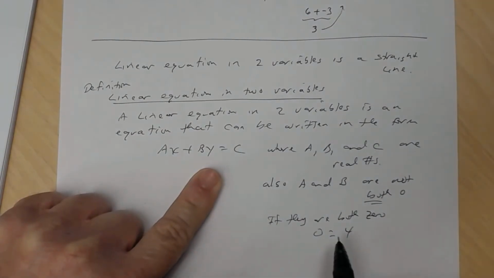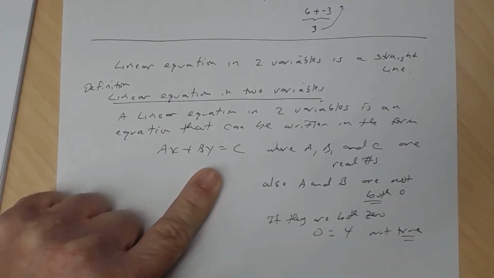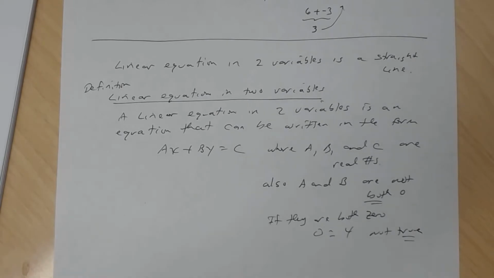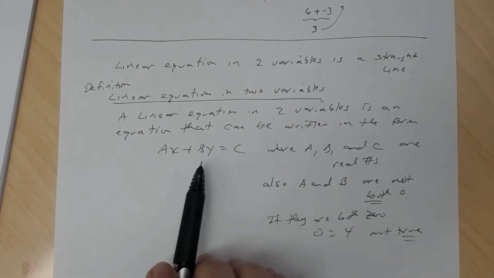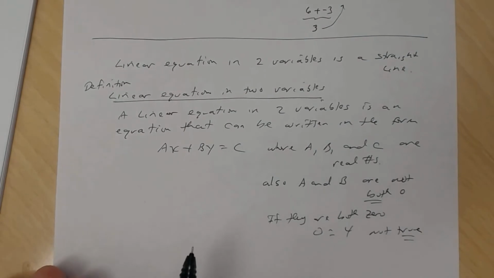Let's say 4. Well, notice that 0 cannot equal 4. That's not a true statement. Okay, so that's why they both cannot be 0. We cannot have a linear equation where both the coefficient of x and the coefficient of y are zeros.